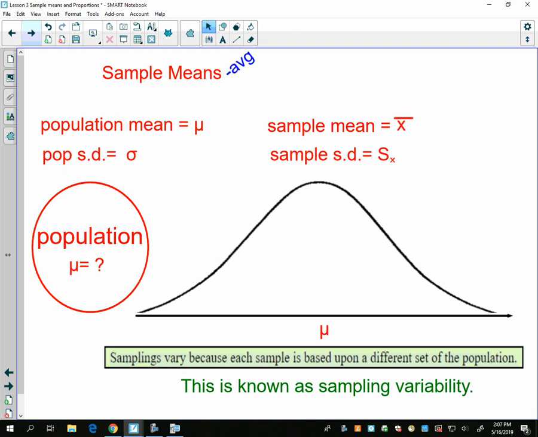Okay? All right. So just a little recap here. For sample means, they're averages. The population mean is mu. And the population standard deviation is sigma. And we've seen this already because we did this when we were looking at one variable statistics. So these are the parameters.